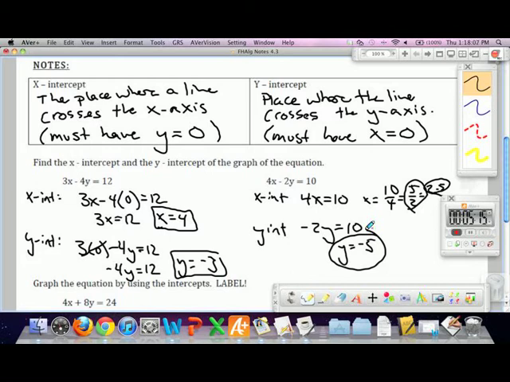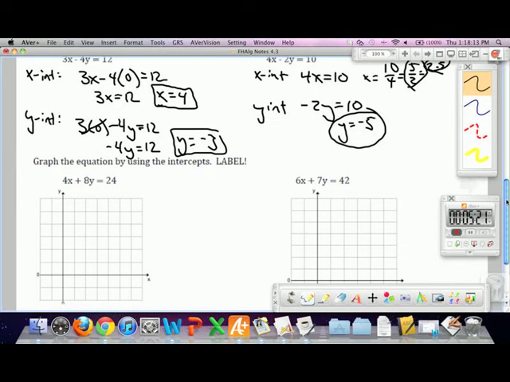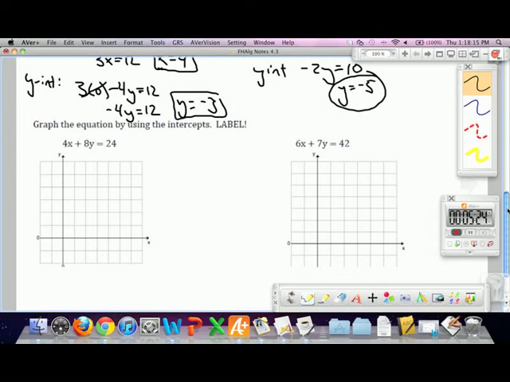So let's see if we can carry that over into our first graph here. Let's graph this equation using the intercepts. So let's find where it crosses the x and y axis. The x-intercept. Just like before, what do you do to find the x-intercept? Well, y is 0.